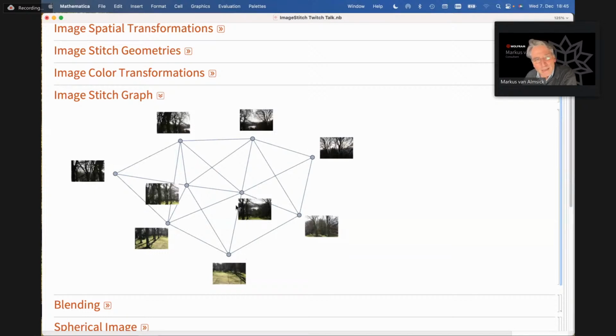And from that, we can then deduce a common projection onto a common plane. And I just bring this up because here you can see that it is really helpful to have a pretty comprehensive system as Mathematica, because we have all the graph routines built in, so I can readily utilize them in ImageStitch as well.